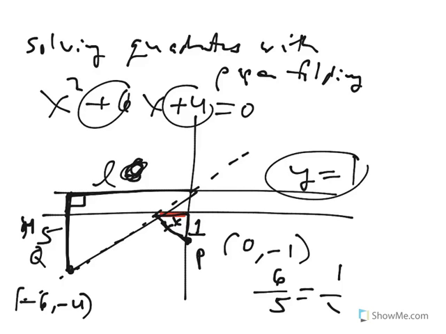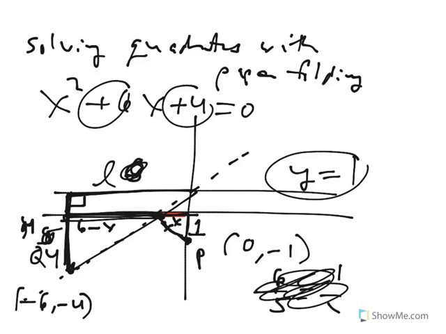Forget about this 6. It's this line segment that matters. This line segment is 6 minus x, because 6 was the whole line segment. And this piece here is 4. Sorry about that with that 5.